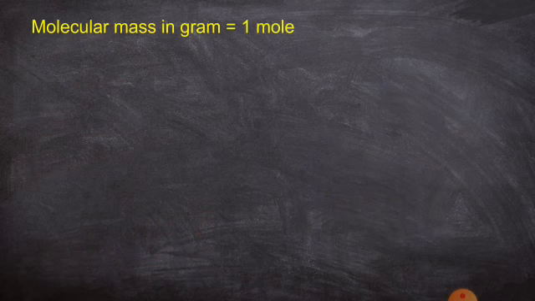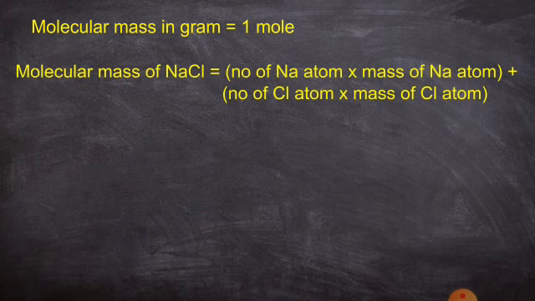1 mole of an element, or 1 mole of an atom, or 1 mole of a molecule is equal to its molecular mass in gram. So first you have to find out the molecular mass of NaCl. The formula is number of sodium atoms into mass of sodium atom plus number of chlorine atoms into mass of chlorine atom.